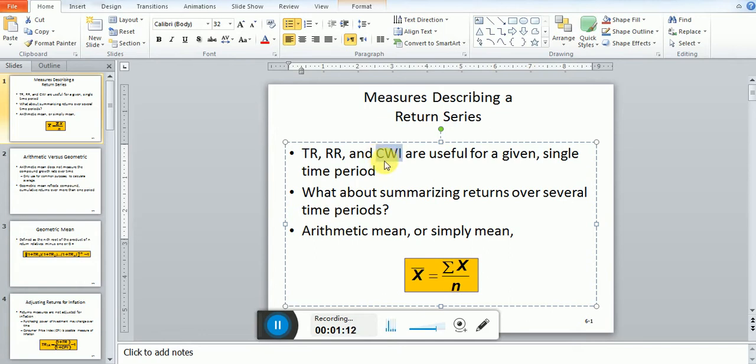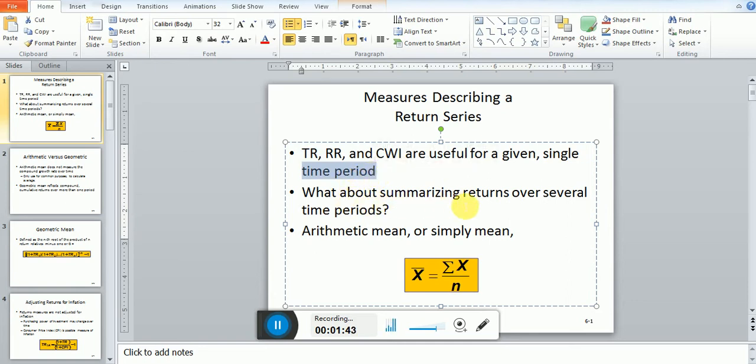We explained that if you invest $1 in a particular year and want to check how much that $1 will turn out to be after some years, then we use the cumulative wealth index. In today's lecture, as you know, total return, return relative, and cumulative wealth index are useful for a given single time period.